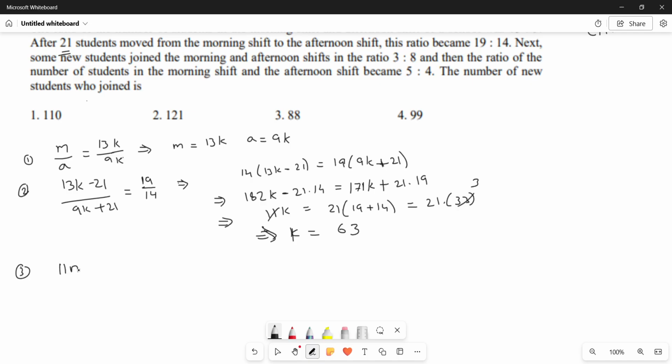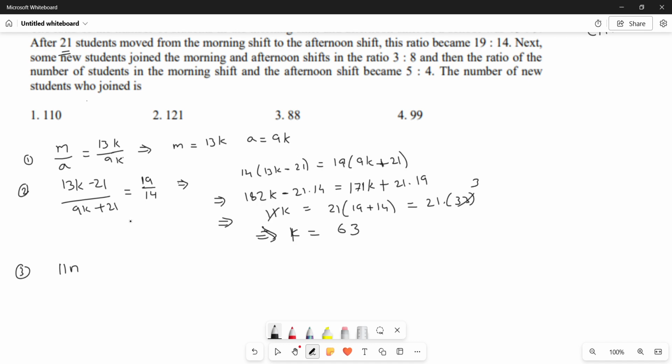I just assumed 11n to make the calculations easier. You can assume any number, but since I wanted the calculations to be simpler, I assumed 11n. This 11n is derived by just adding both of them, 8 plus 3 is equal to 11n.